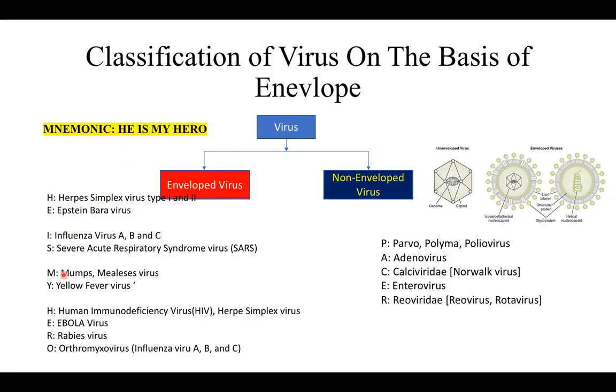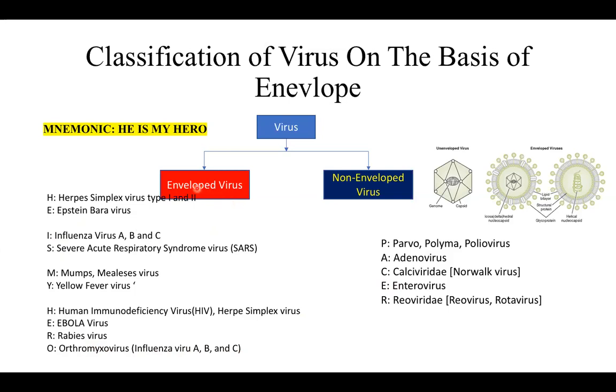M stands for the mumps, measles. Y stands for the yellow fever virus. H stands for the human immunodeficiency virus. E stands for the Ebola virus. R stands for the rabies virus. O stands for the orthomyxovirus, that is influenza virus A, B, and C.